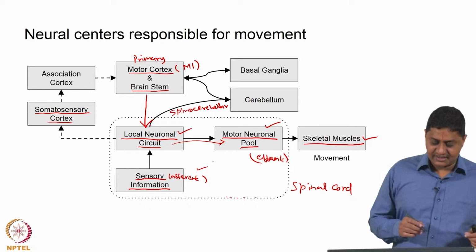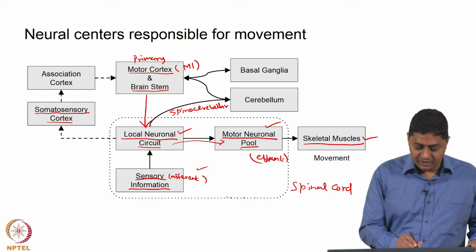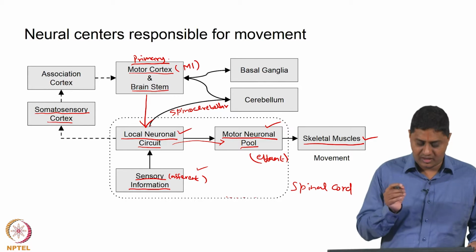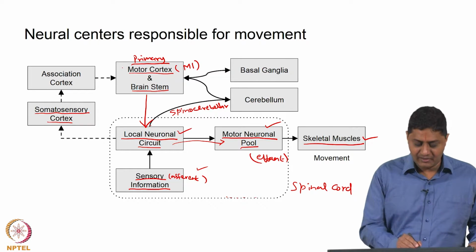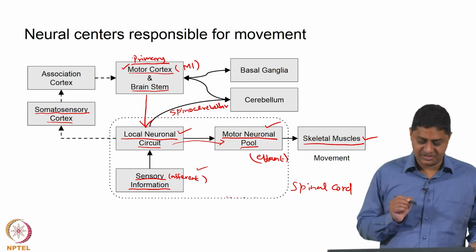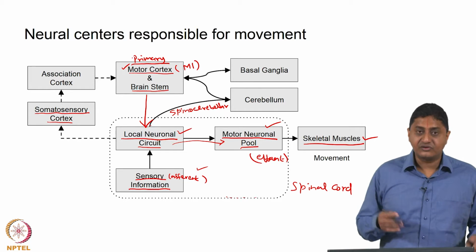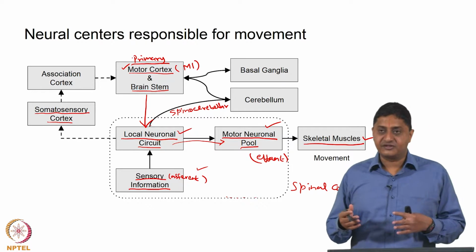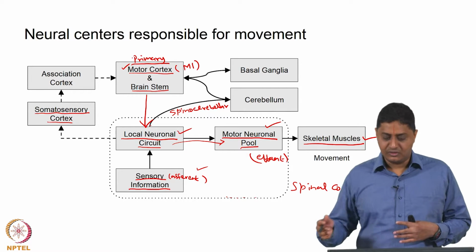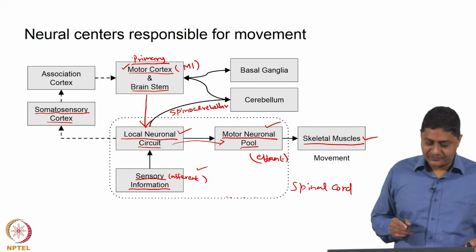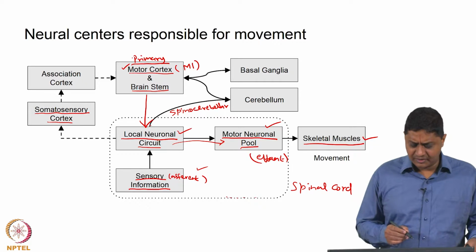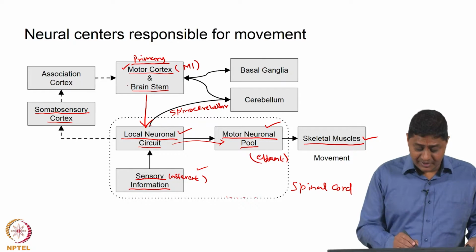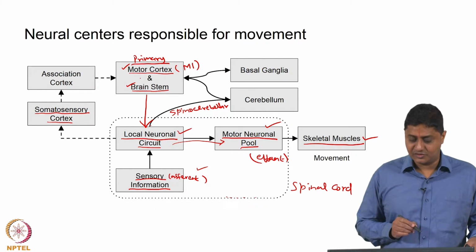We have to discuss the important or the crucial role of the primary motor cortex. This needs to be discussed in future classes. That will form our discussion for the next 1 or 2 weeks approximately: primary motor cortex and brainstem areas in controlling movements.